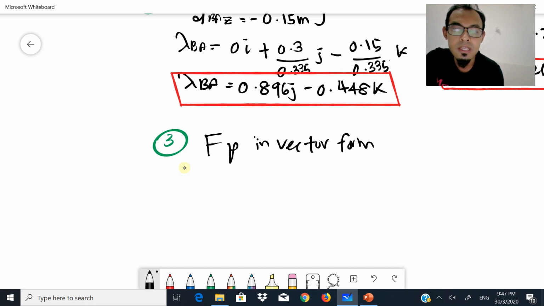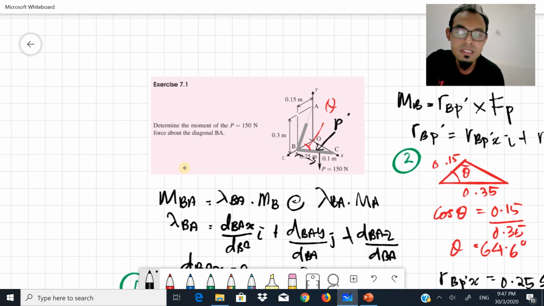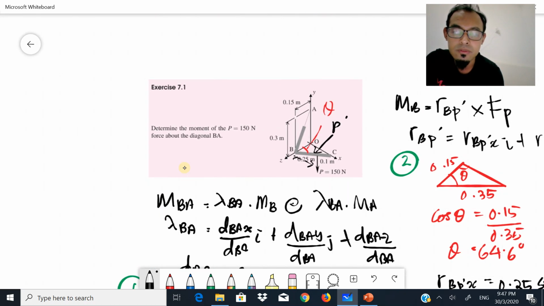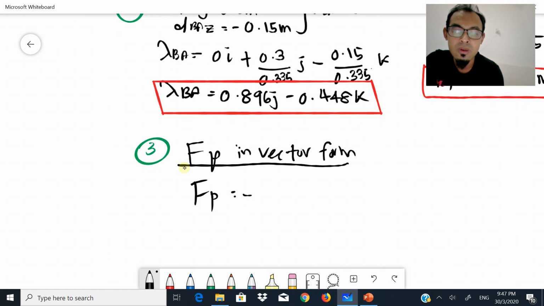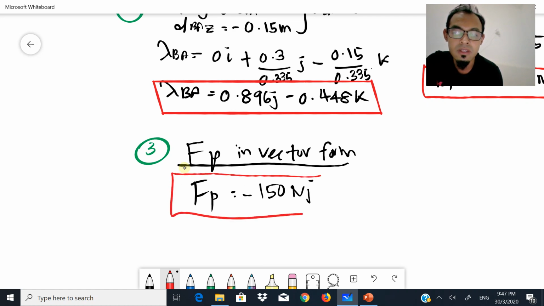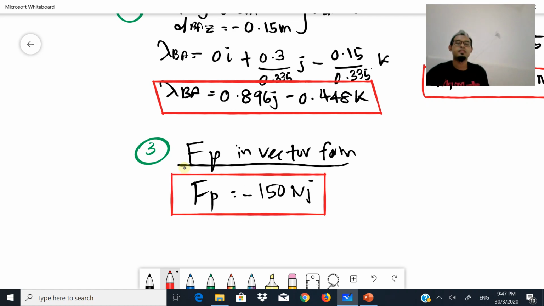P is downward vertically, so we just have negative 150 Newton j. So this is our F_P.